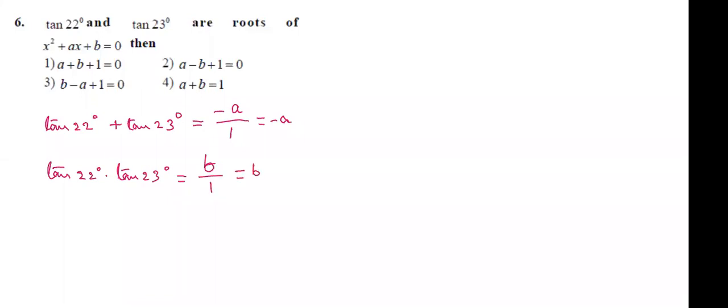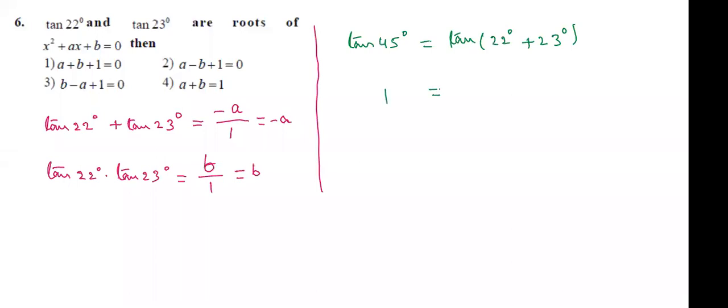Overall, this is B. Now, we know that tan 45 degrees. 45, I am going to write 22 degrees plus 23 degrees. This is in the form of tan A plus B. Tan 45 degrees 1.